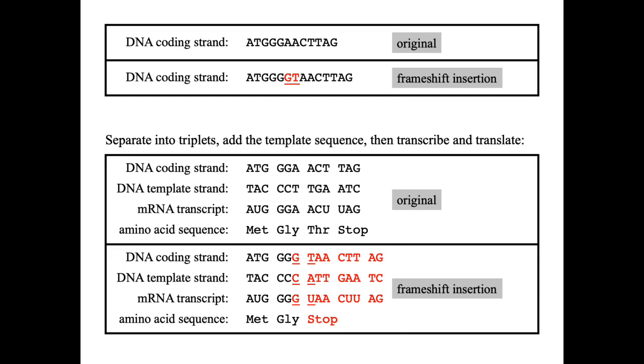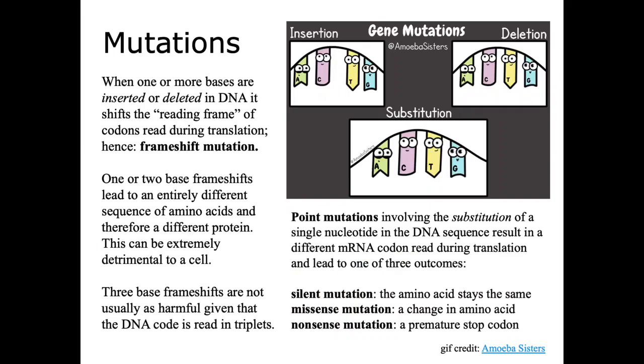Now, you might be thinking, oh, a premature stop codon, does that make this a nonsense mutation? And the answer is no. This example is simply a coincidence, but it's not a nonsense mutation because it's not a point mutation, nor is it a substitution. Wonderful. Here is a second recap slide that once again showcases this beautiful GIF.